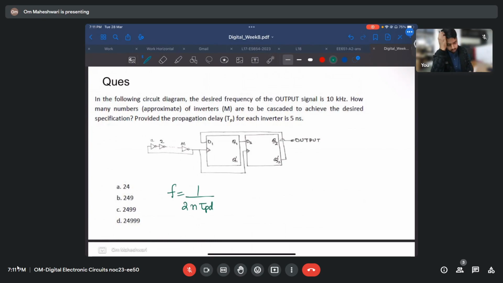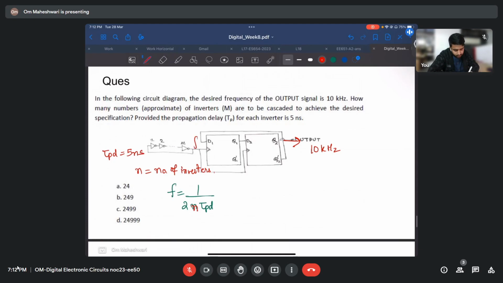Here n is the number of inverters. So we have to find n. Tau PD is given to be 5 nanoseconds, right? They are saying the signal at the output is 10 kilohertz. But we need the frequency here, right?